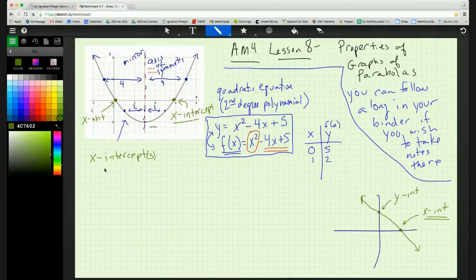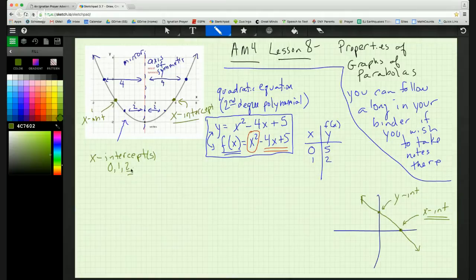And it turns out that you can actually have 0, 1, or 2. But we're going to be dealing today with examples where almost every example will have 2 x-intercepts. So you can think about the case when a parabola may never touch the x-axis, and you can think about maybe the case where it touches it exactly once.